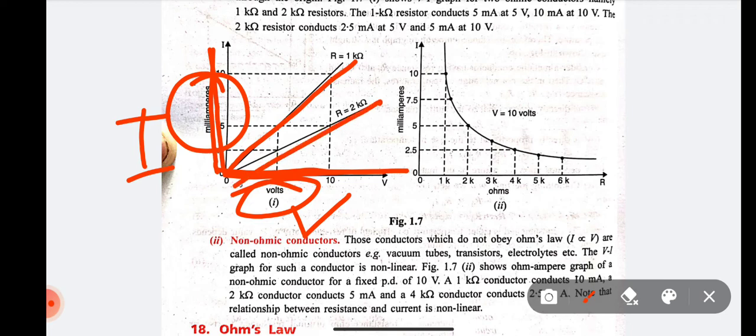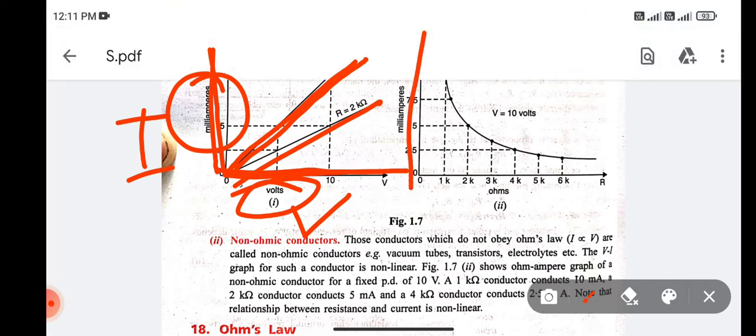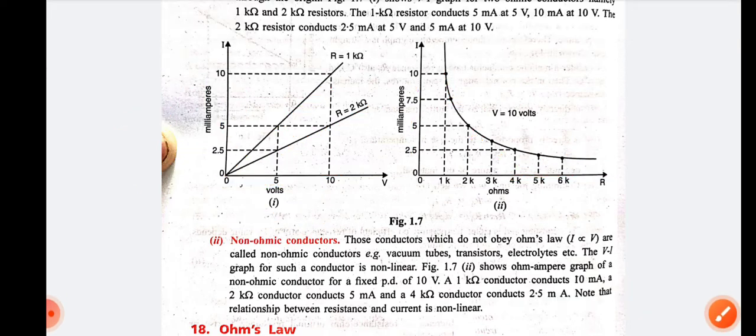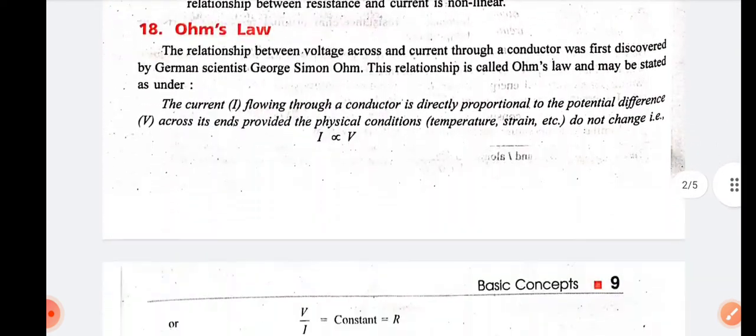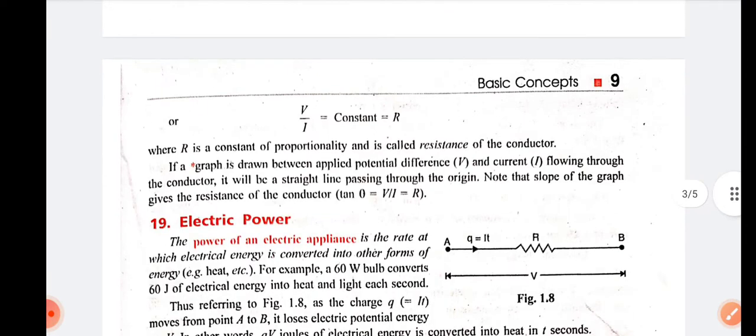Those conductors which follow Ohm's law have a straight-line graph, but those which do not follow Ohm's law have a graph in exponential form. This is the way we can understand ohmic and non-ohmic conductors. I hope ohmic and non-ohmic conductors are clear.